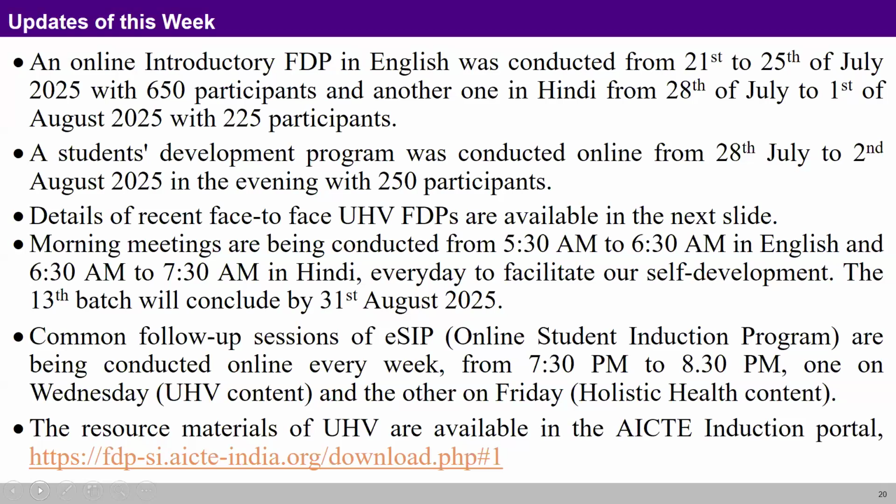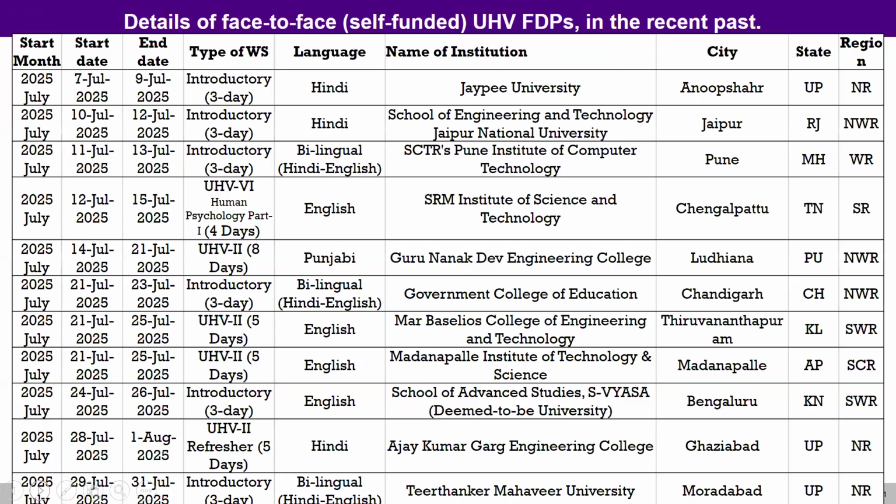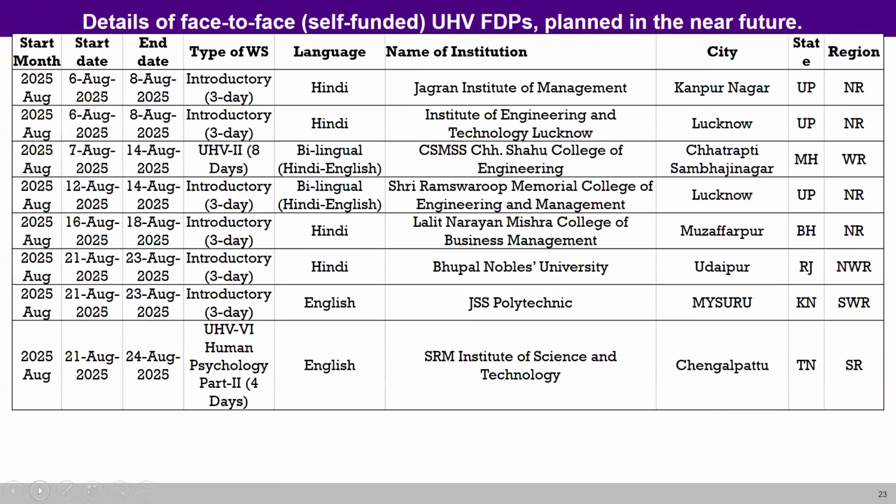So these are the FDPs that were conducted in the past. Because of timing, we are just moving forward. Now let us see what are the FDPs that are planned in the future. From August 6th to August 8th, there is an introductory FDP in Hindi at Jagran Institute of Management at Kanpur Nagar, UP. Similarly, on the same dates, August 6th to 8th, an introductory FDP in Hindi at Institute of Engineering and Technology, Lucknow.